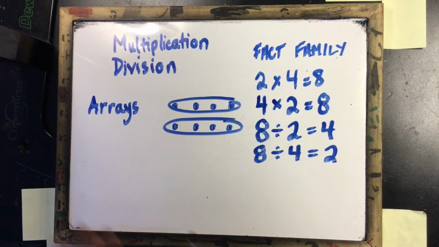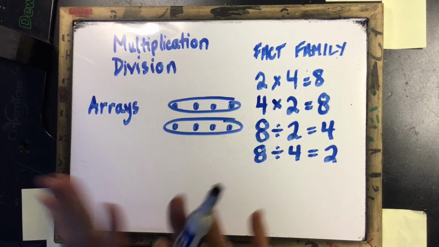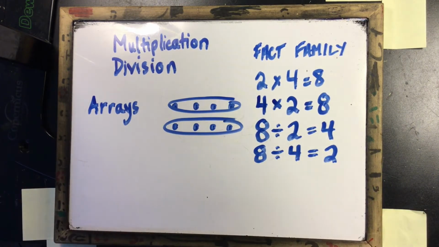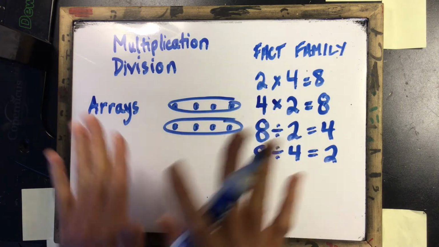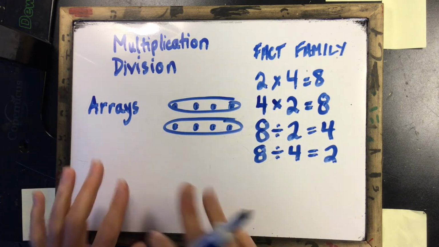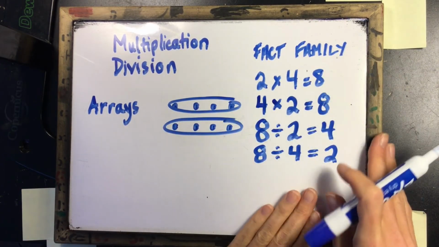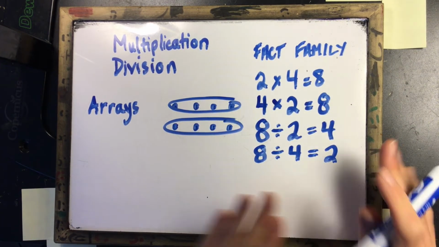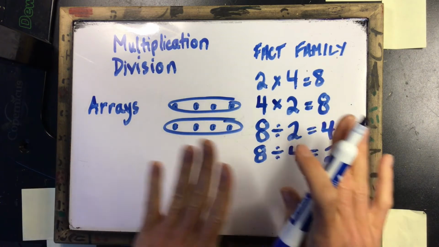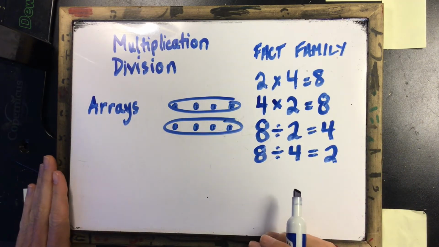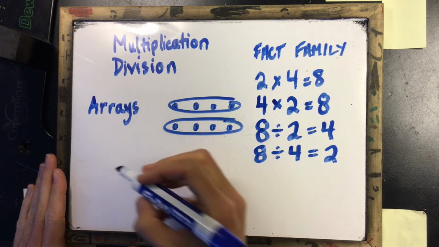Okay, so we've talked about arrays. We did do some Mathletics on arrays, so we should have a good understanding of what arrays are and what they look like, and now we've just talked about the fact family. Now, when we also talk about multiplication and division, there's some terminology that's important to know, okay?